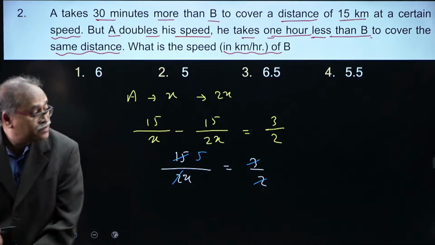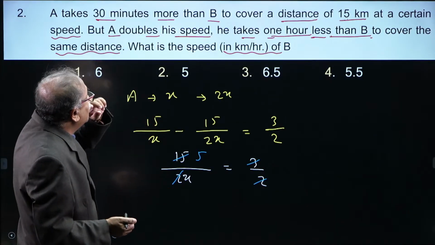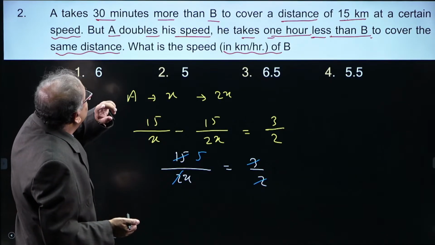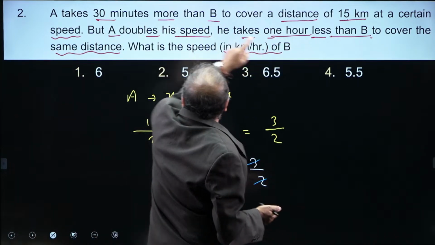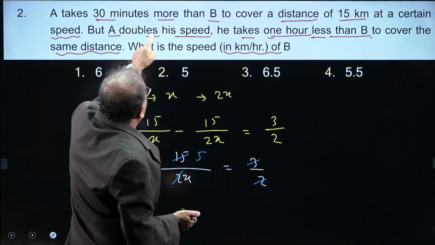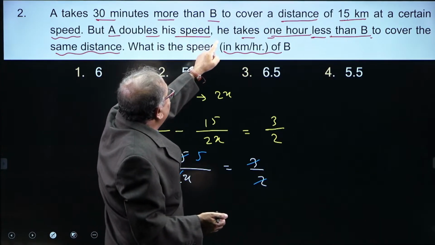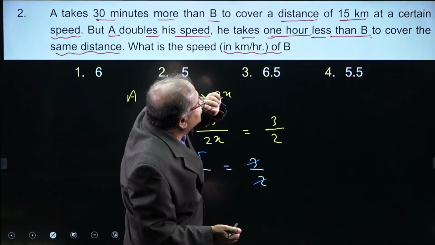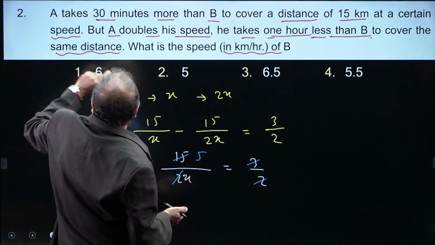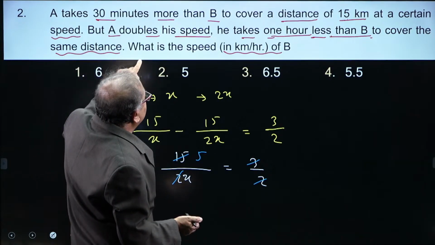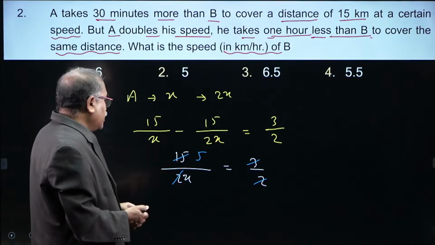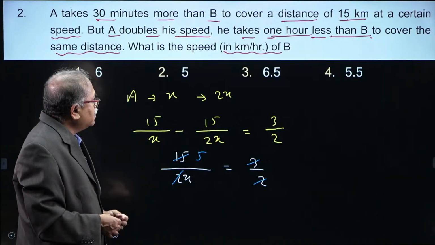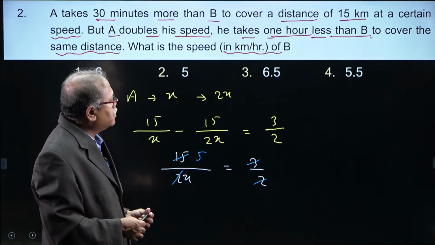What is x? The speed of whose speed? Speed of B. A takes B covers the distance, a certain distance. When A doubles his speed, he takes 1 hour less than B to cover the same distance. What is the speed of B? Okay, can I get the speed of B over here?